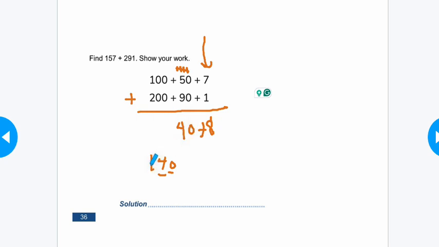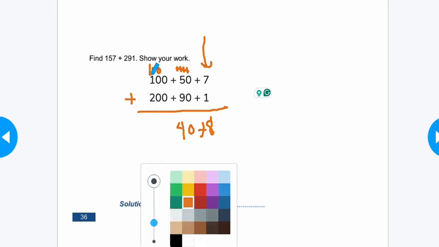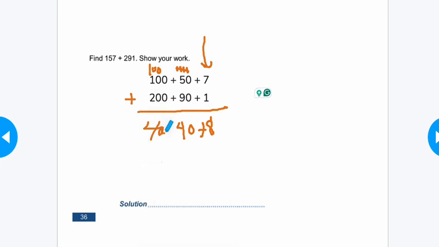But I have a group of 100, which means I need to regroup and carry that group of 100 right here. So I'm going to go ahead and erase this so I don't confuse myself later. Now I'm ready to go ahead and add. So 100 plus 100 is 200 plus 200 more is 400. All right.